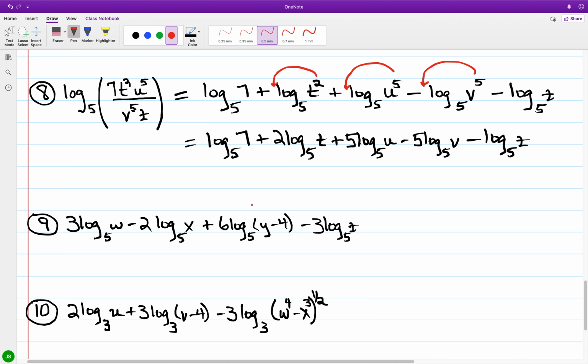All right, so looking at making into a single expression, any coefficients out in front I can make into exponents.